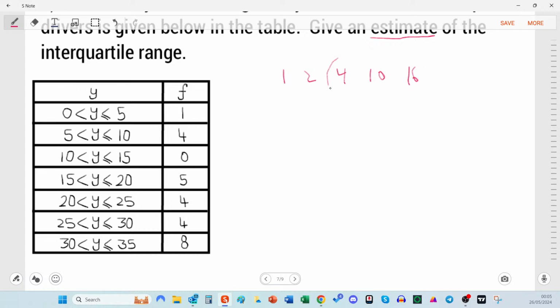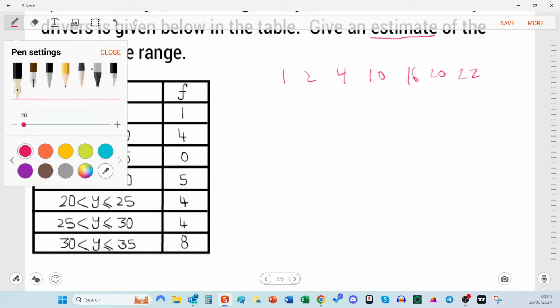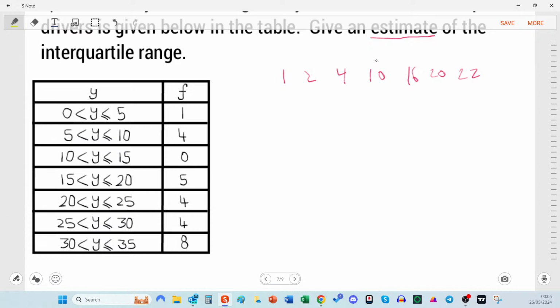The median was the middle number. If we introduce a few more numbers there, 20, 22, we have a minimum of 7 numbers. Looking at the median, that's now this one. And from what's left either side, we'll find the median again.